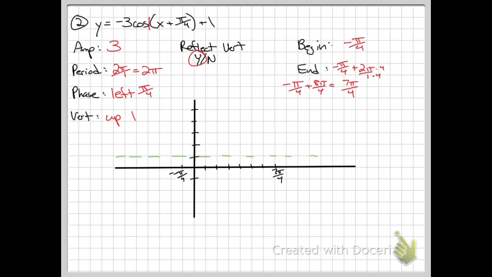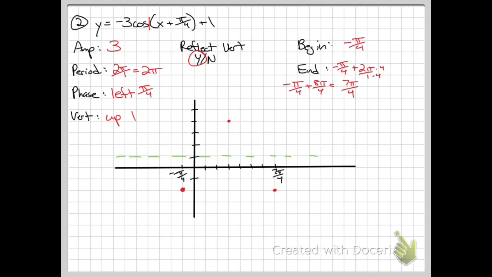Now we pause and we remember that we are graphing cosine. The beginning point is supposed to instantly do a from the green line. Remember, a is -3. So down 3 from the green line at negative pi over 4. Your end, 7 pi over 4, is supposed to match down 3. The middle of that is supposed to be 3 above the green line.